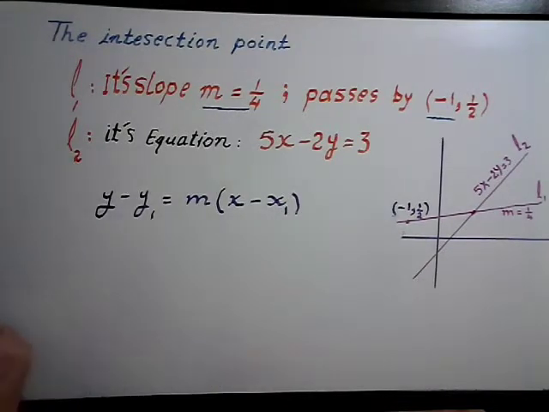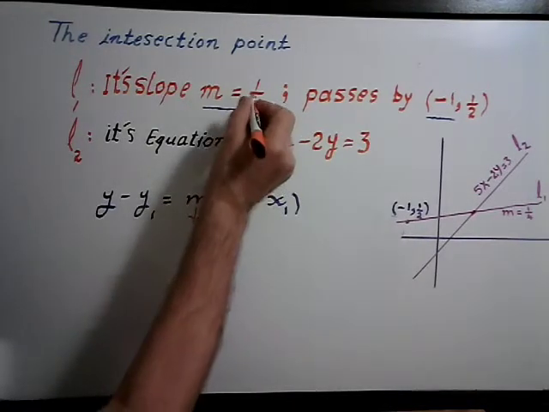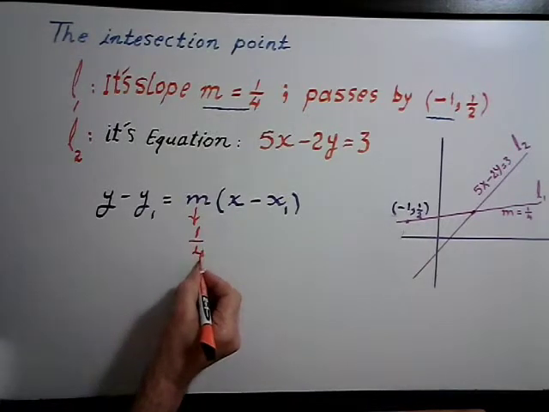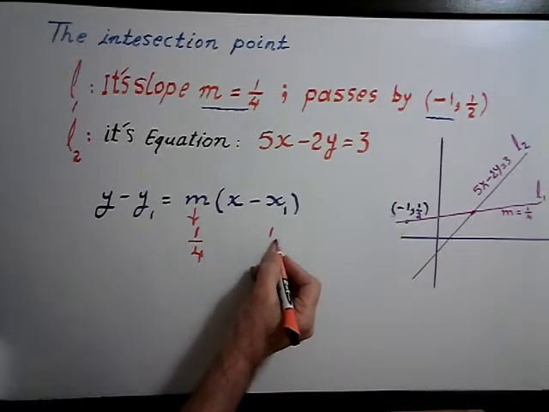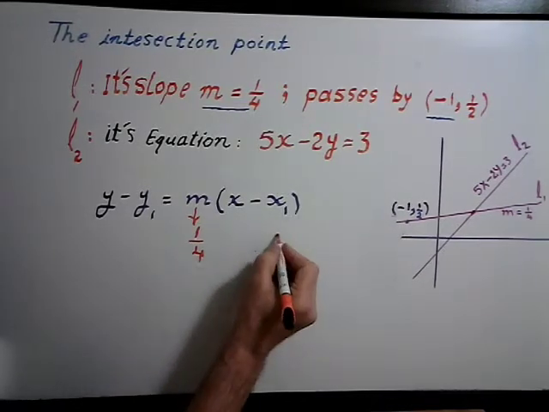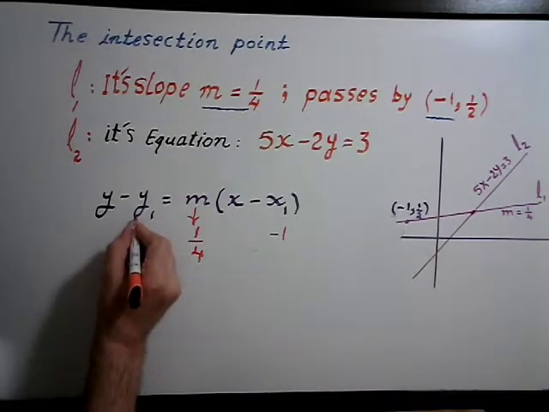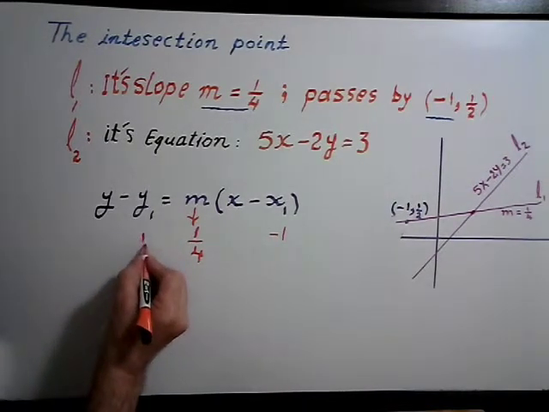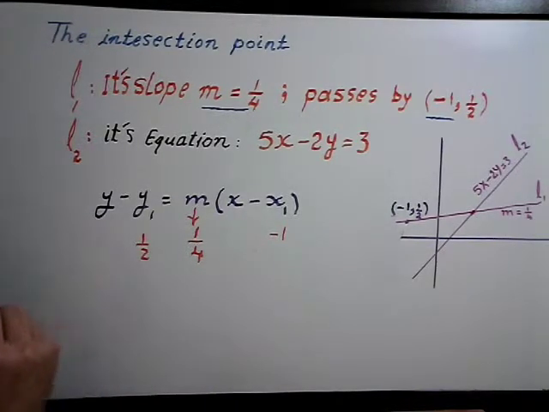Here we know m is the slope, which is 1/4, and x1 is the first coordinate of the given point, -1, and y1 is the value 1/2, which is the y coordinate of the given point.